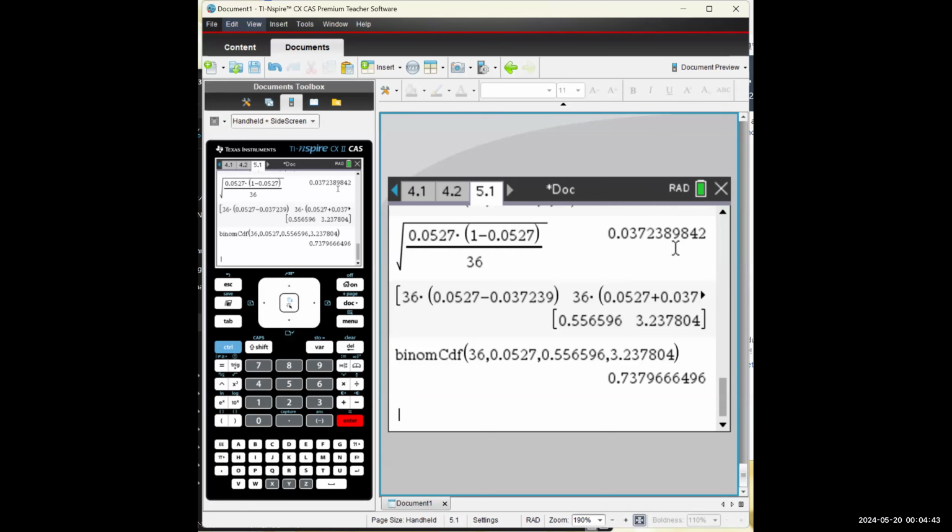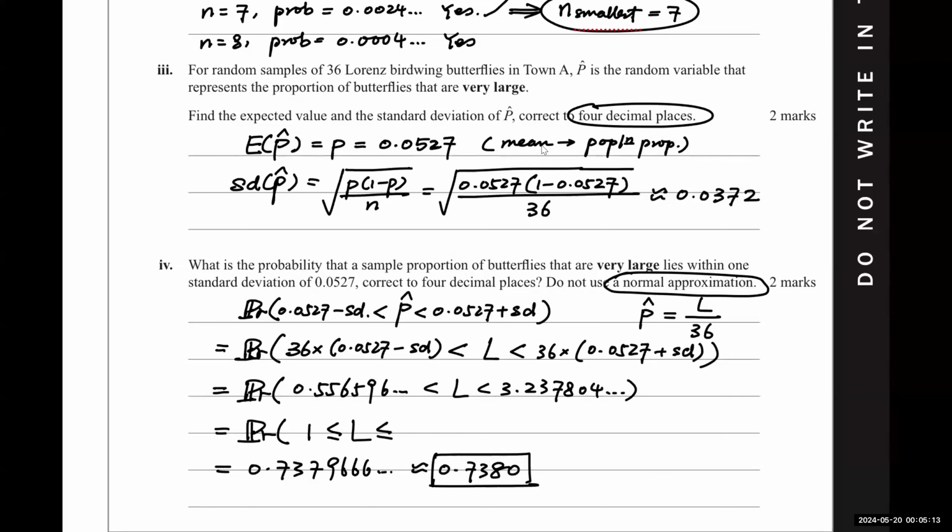So let's complete the last part and then move on to the next page. Okay. So here I'm trying to be as specific as possible, trying to show every single step.